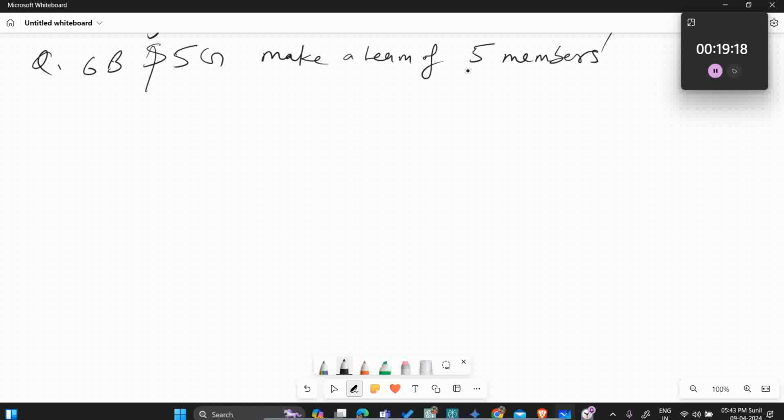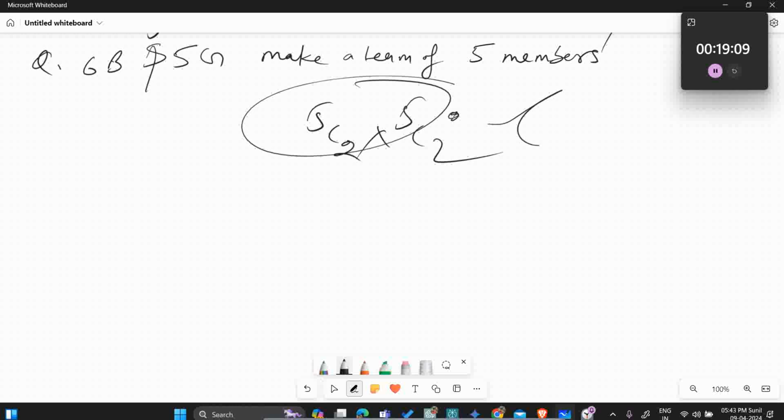So boy A is always selected, so we have to select only 2 boys from 5. 5C2 into, we have to select 2 girls from 5, 5C2. This is the answer. Right.